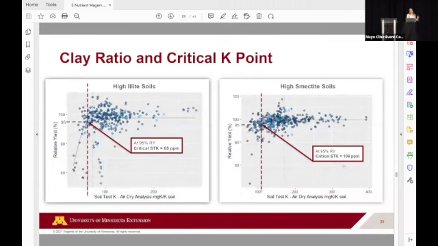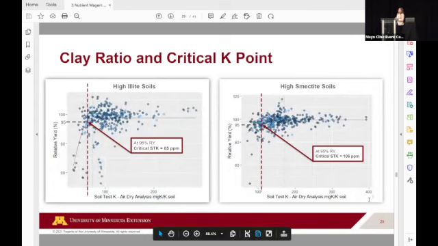Our low and medium might be on one side and the high and very high on the other side. So maybe this tells us that we can change our soil test classifications based on smectite and illite soils. You might be able to shoot for slightly lower soil tests in illites versus maintaining your soil test at higher rates for smectites.